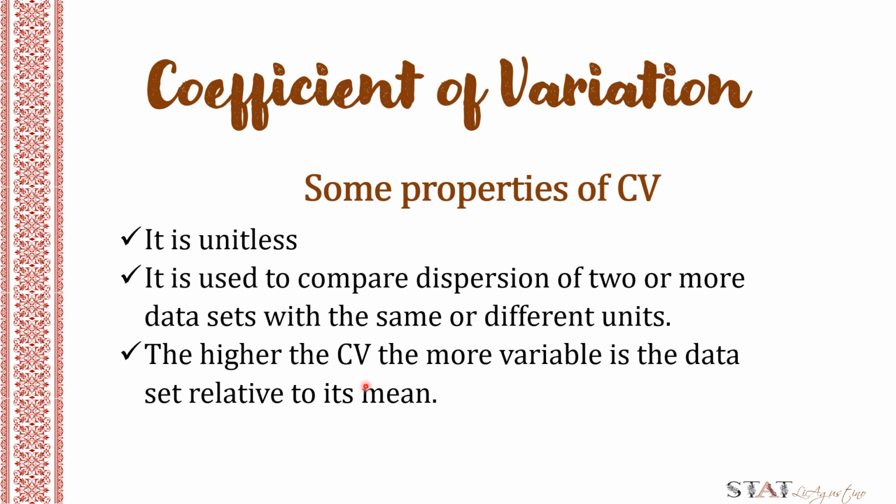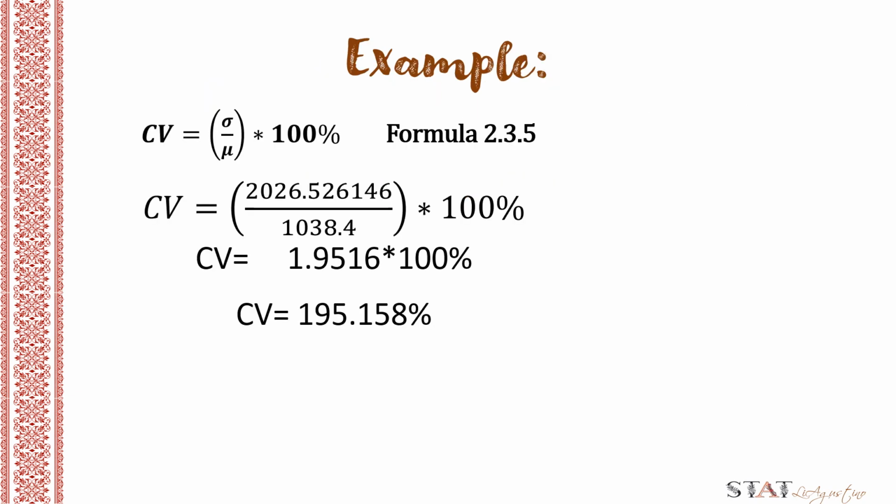So the higher the CV, the more variable is the data set relative to its mean. So for experimental researches, CV indicates the degree of precision with which the treatments are compared and is a good index of reliability of the experiment according to Gomez.